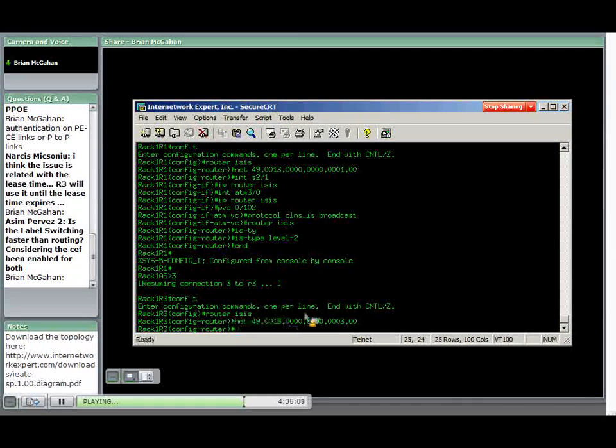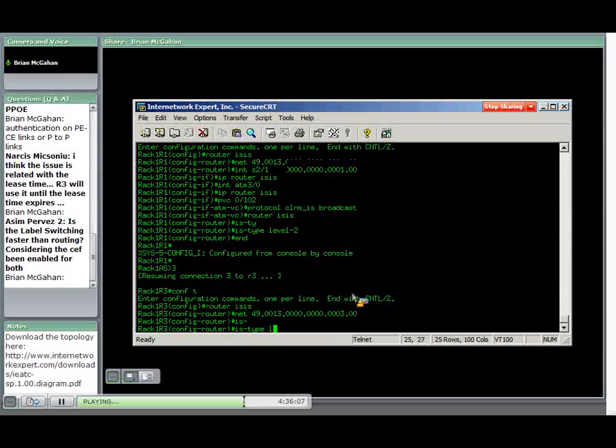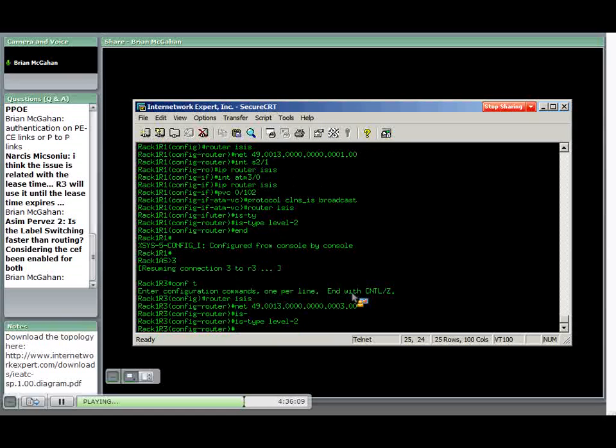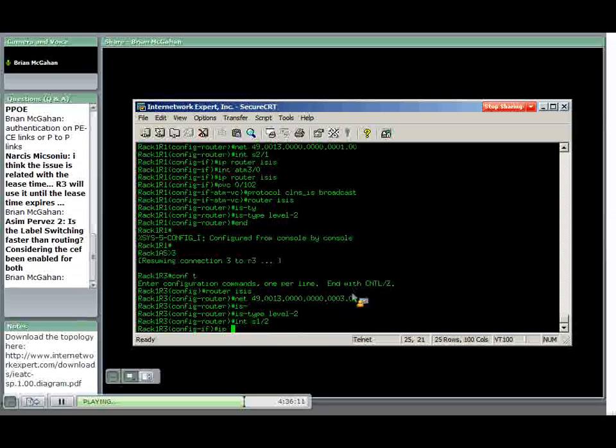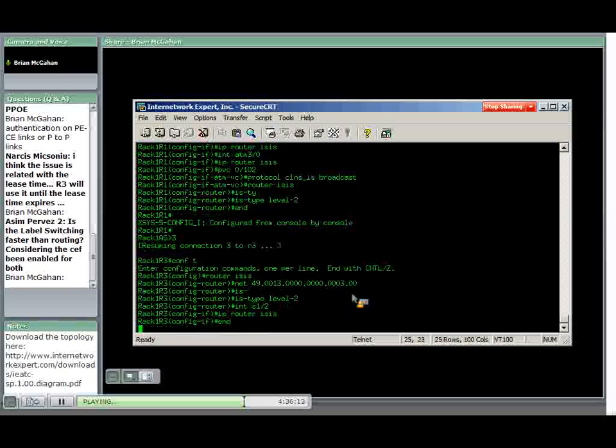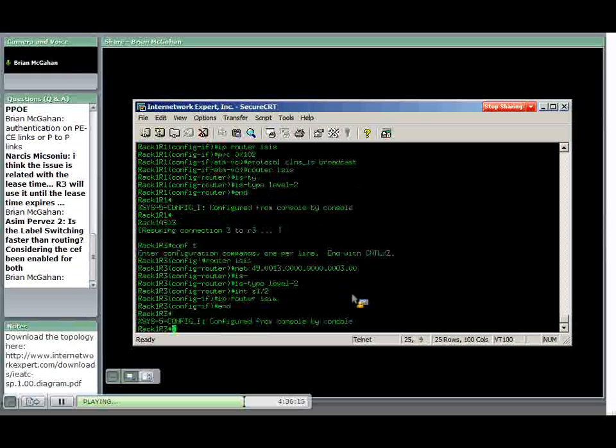Okay, for the ATM, we're going to need to make sure we have CLNS transport. So we'll say protocol CLNS underscore IS broadcast. And under the process router isis, we'll say IS-type level 2, so we're only establishing level 2 adjacencies.